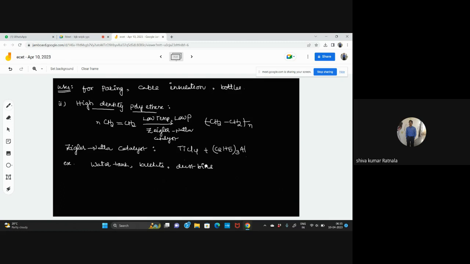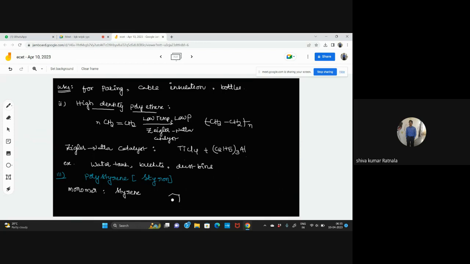Next polymer is polystyrene. The monomer unit is styrene.